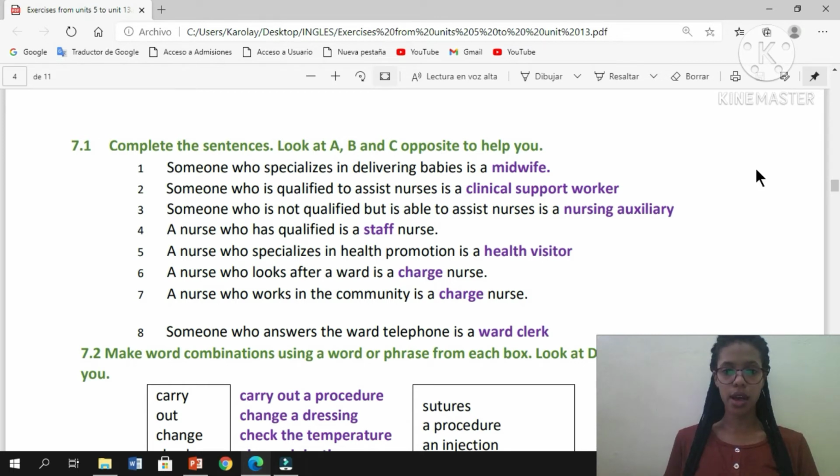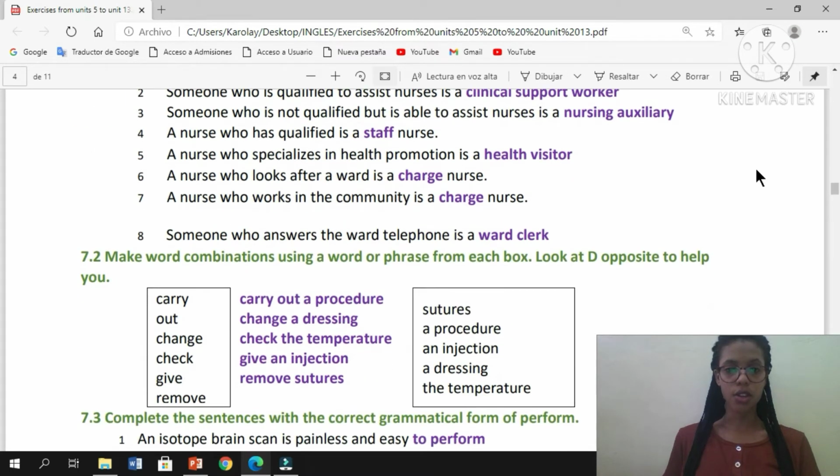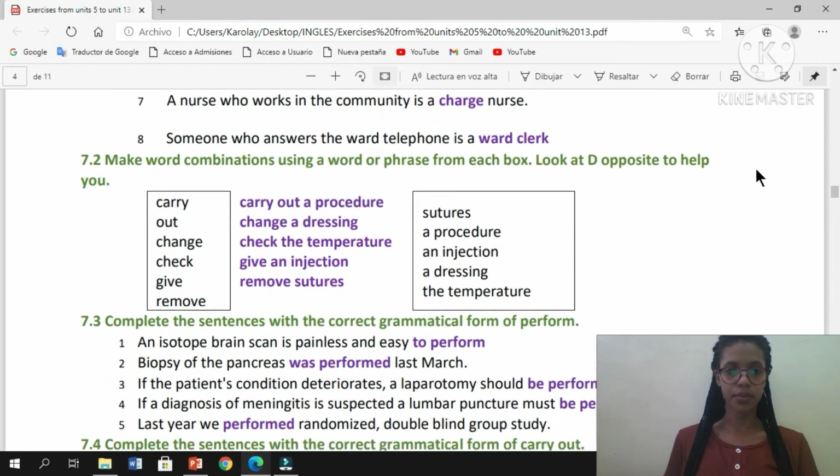A nurse who has qualified is a staff nurse. A nurse who specializes in health promotion is a health visitor. A nurse who looks after a ward is a charge nurse. A nurse who works in the community is a community nurse. Someone who answers the ward telephone is a ward clerk.